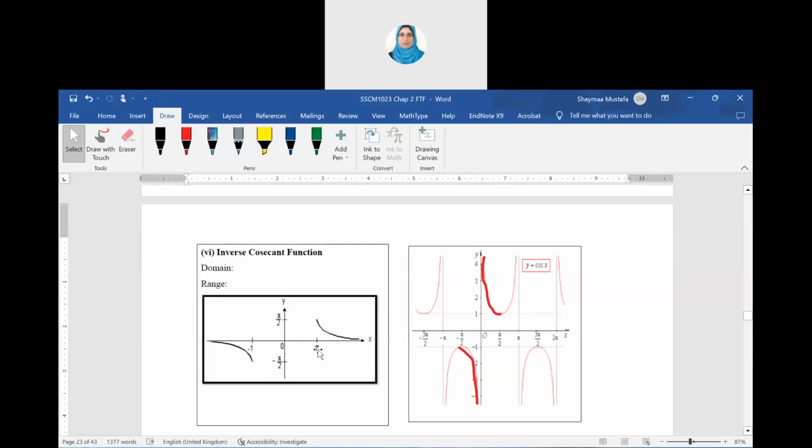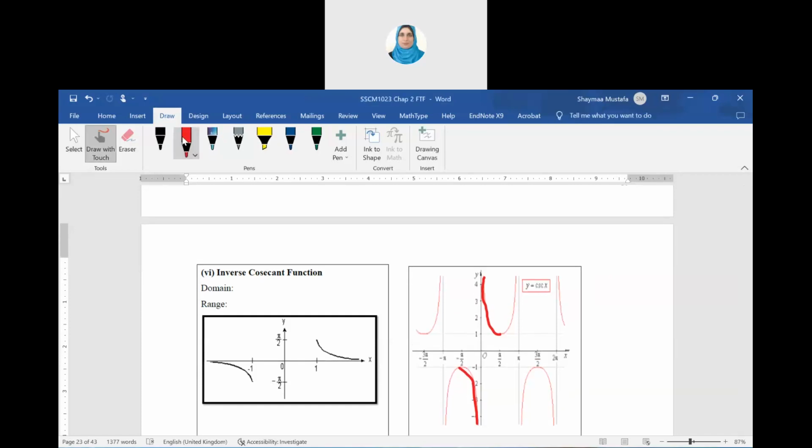Okay, what about the domain of cosec inverse x? We will look at the range here. If you look at the range, it is from 1 to infinity and from minus 1 to minus infinity. So this becomes your domain: from minus infinity to minus 1 and from 1 to infinity.